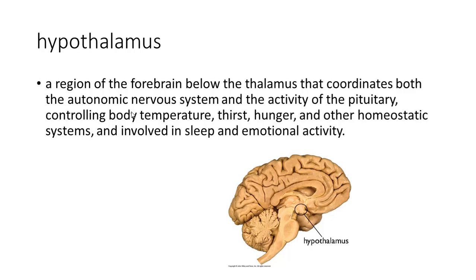It's in charge of the autonomic nervous system and how the pituitary gland works. So it controls body temperature, thirst, hunger, and tries to keep all these systems in homeostasis.